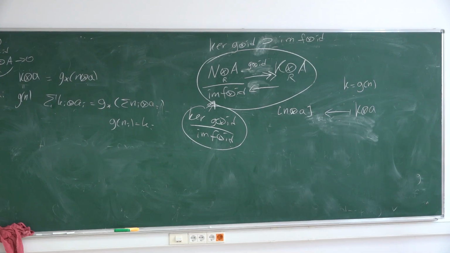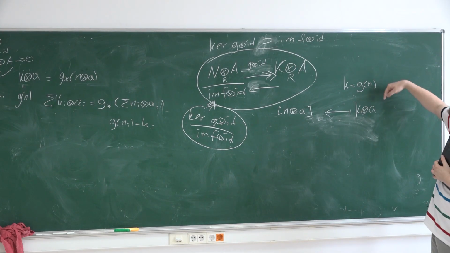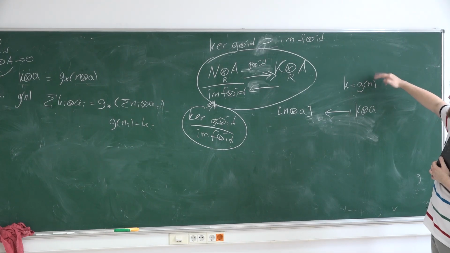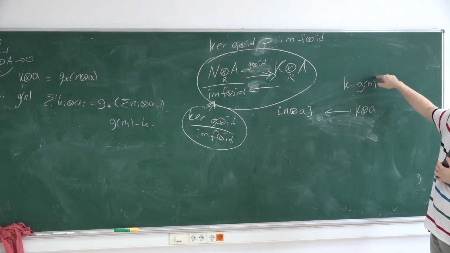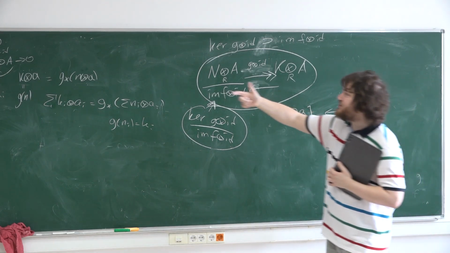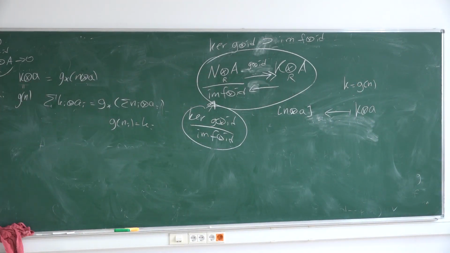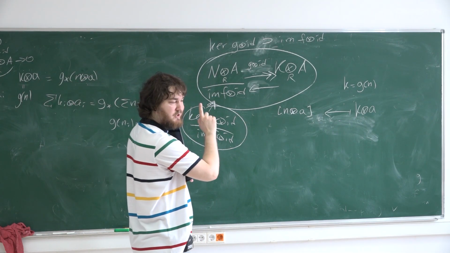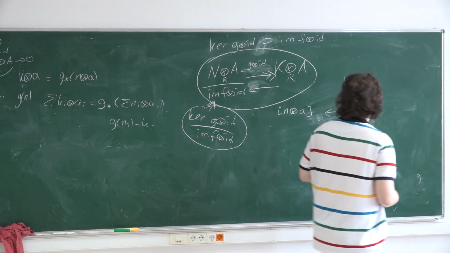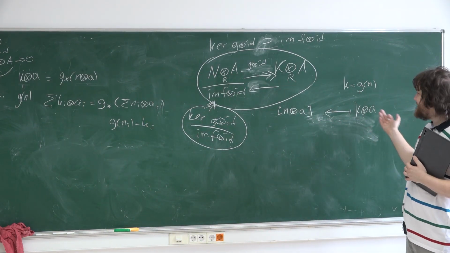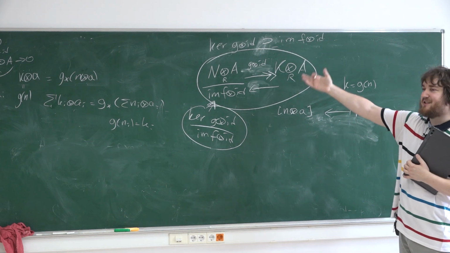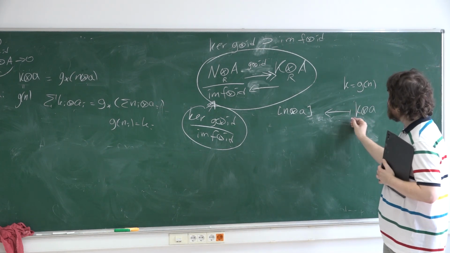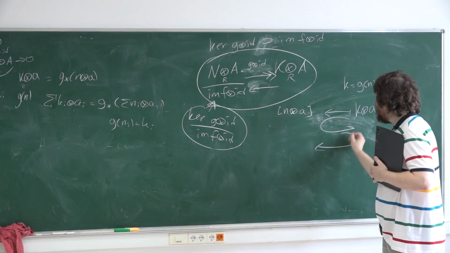It's correct because if I have another pre-image, then they differ by an element in the kernel of G. But we know that the original sequence is exact, so the kernel of G is the image of F, so the difference is from the image. And so this quotient modulo image is the same class. So this homomorphism is correct, and you can easily check that it is in fact the inverse homomorphism, that this composition and this composition are identities.